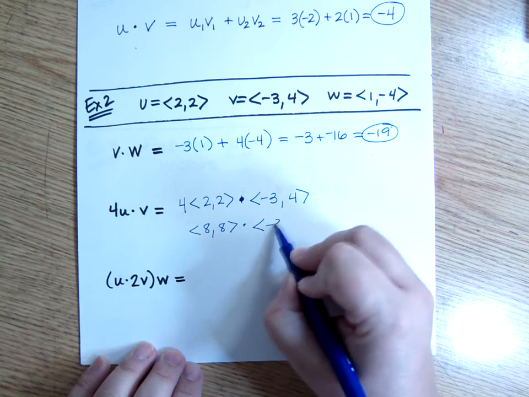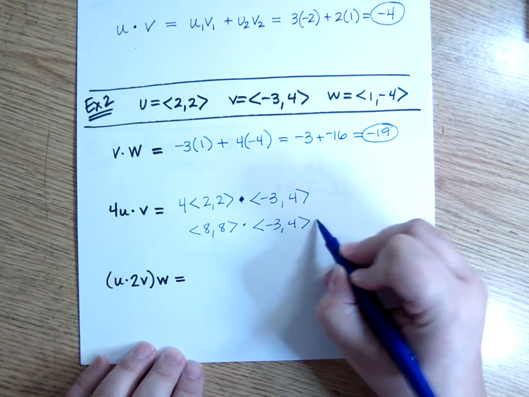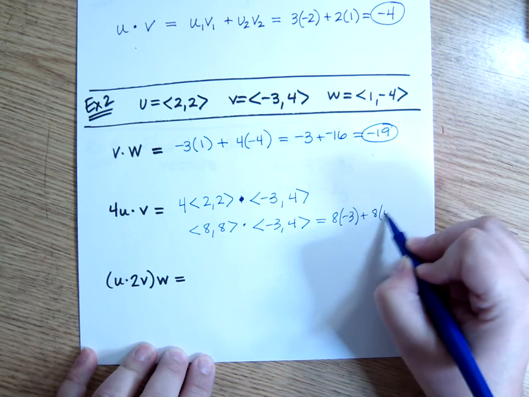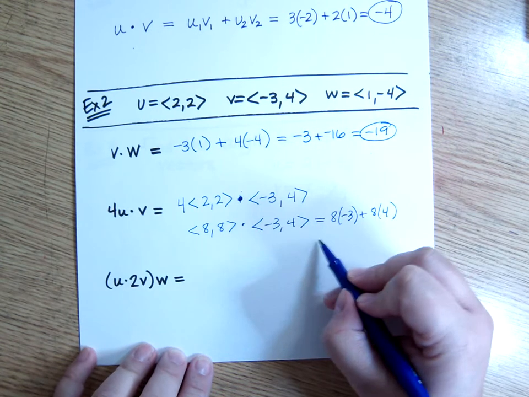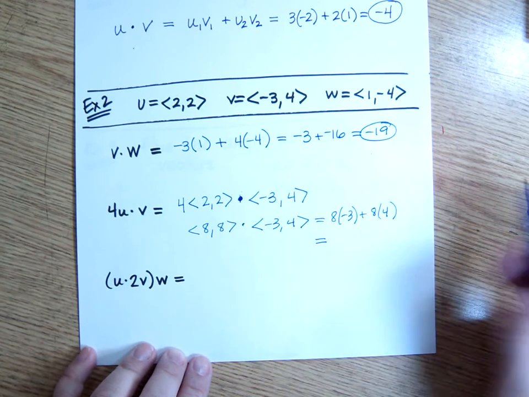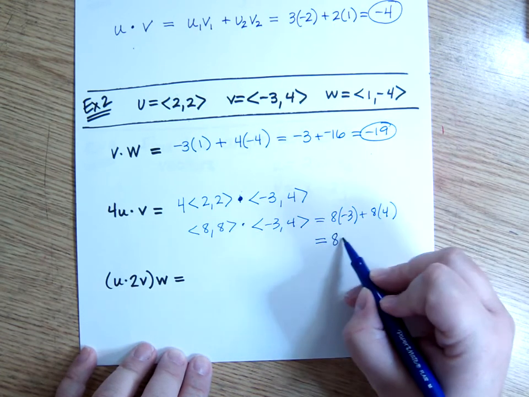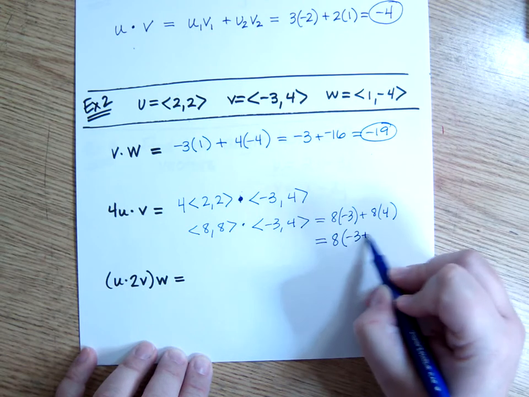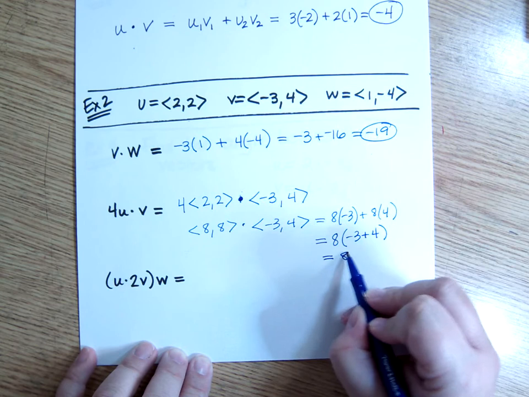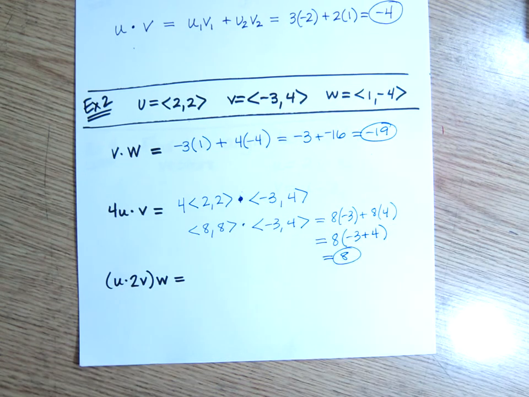Now I'm doing the dot product of 8, 8 and negative 3, 4. So it's 8 times negative 3 plus 8 times 4. You could say that's negative 24 plus 32, or I could factor out and say this is 8 times negative 3 plus 4, which is 8 times 1. Just another way of looking at it.